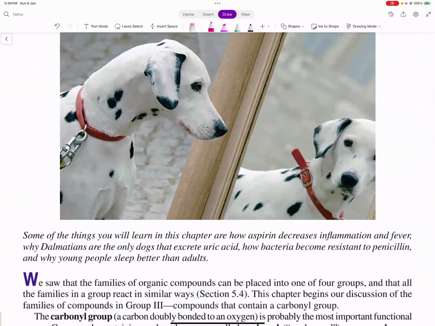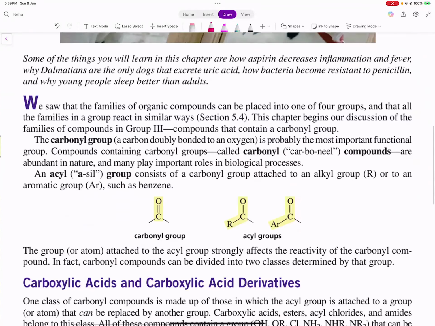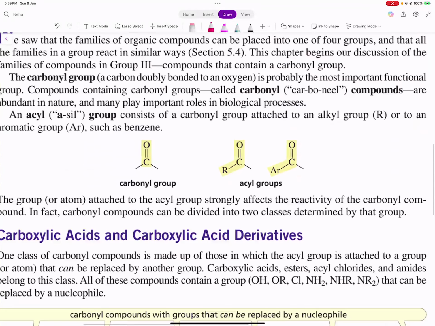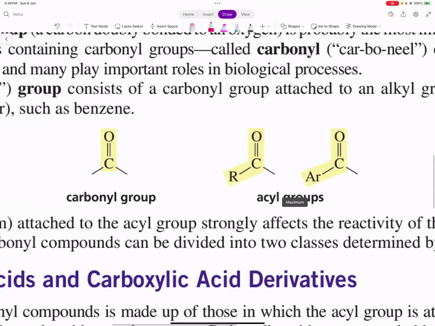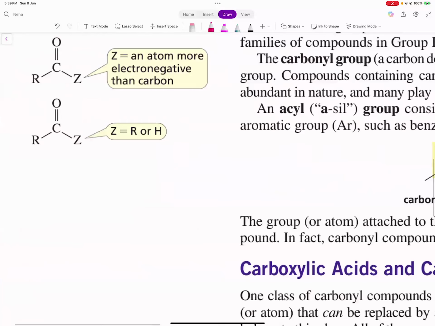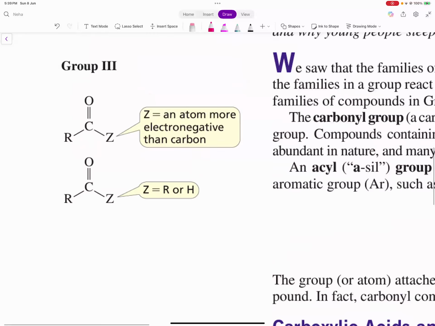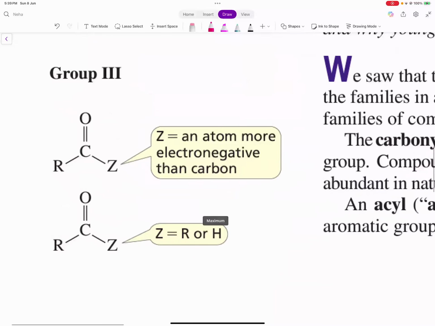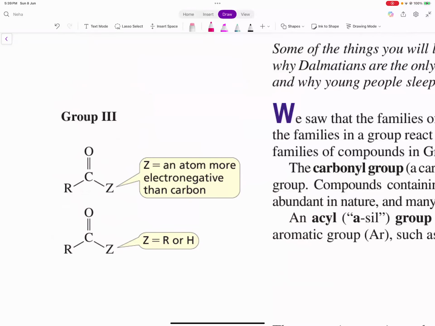Anyways, so now the carbonyl group. See, this is the carbonyl group, right? This is what we know as a carbonyl group, and these are acyl groups. So now these are the two classes of carbonyl compounds which we are going to study. The top one is carboxylic acid and its derivatives.